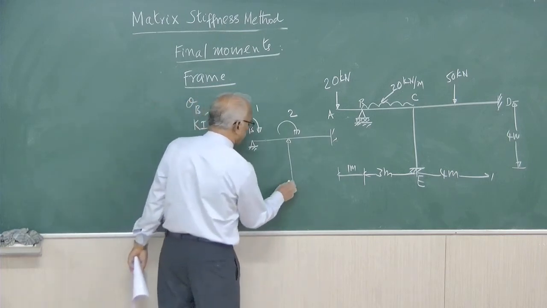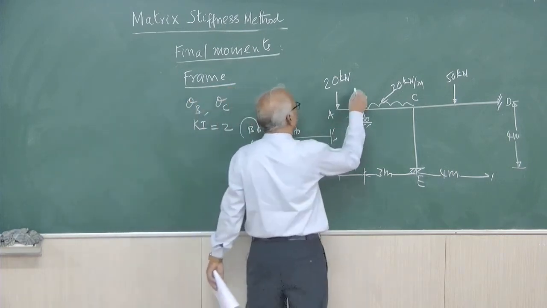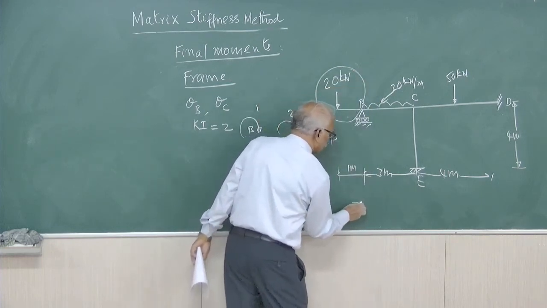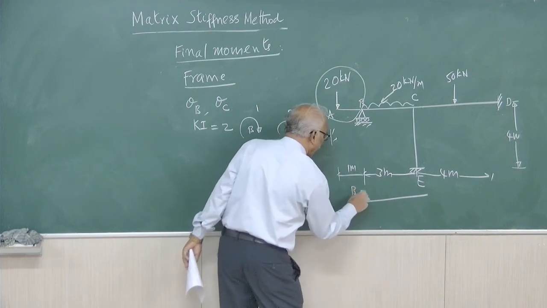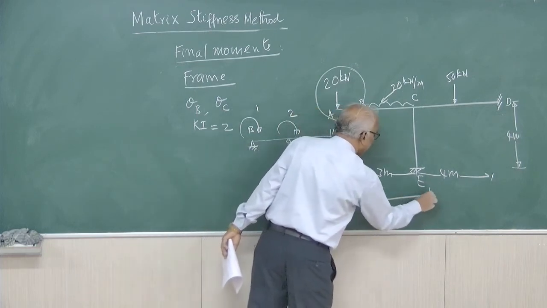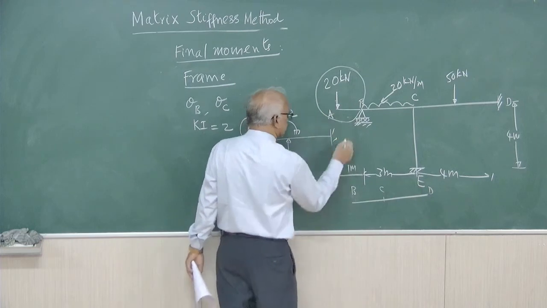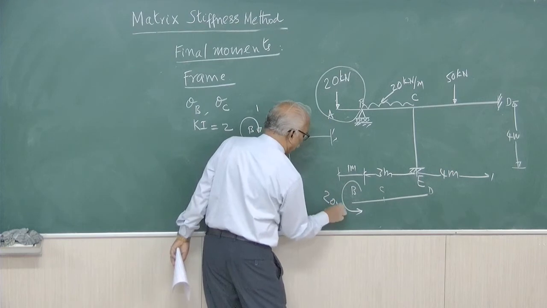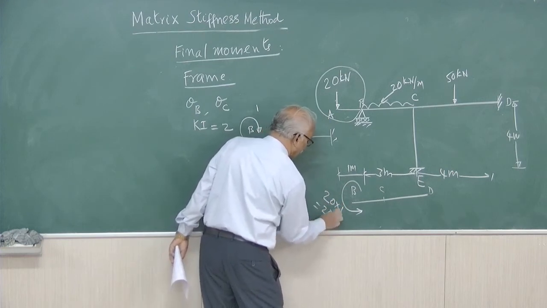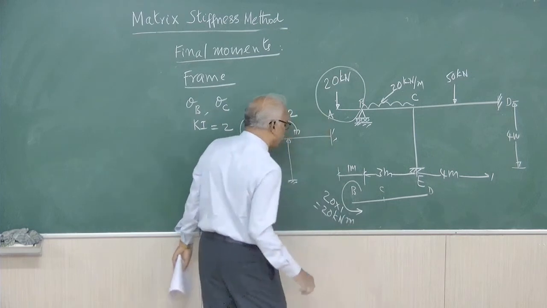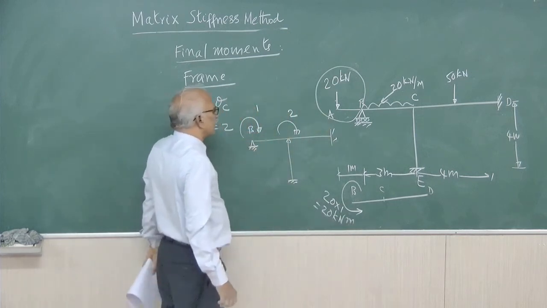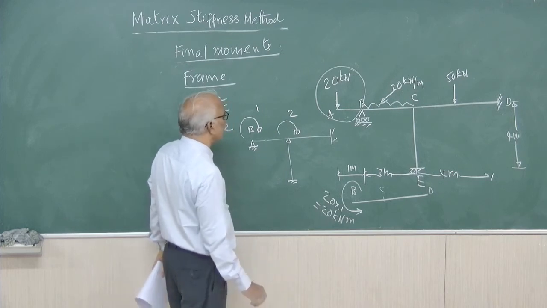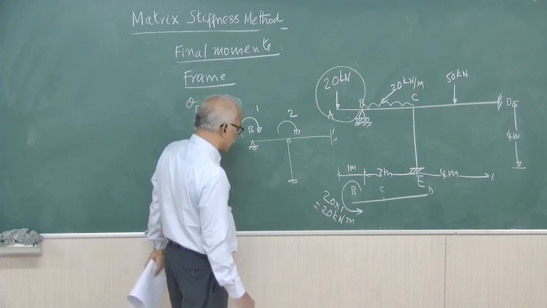Then what about the overhang? Now this overhang can be considered, so this is B, C, D, as 20 into 1 equal to 20 kilonewton meter. 20 kilonewton meter is the anticlockwise moment considered at B. At B it will cause a moment of 20 into 1 anticlockwise.